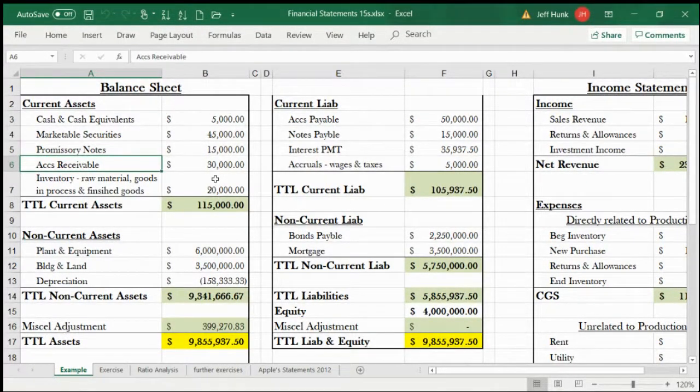You have to clearly see that because a promissory note is both an idea and a physical proof, right? It's a physical paper, right, that shows that the buyer owes money to the seller.